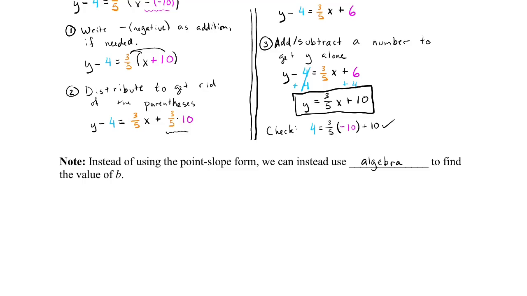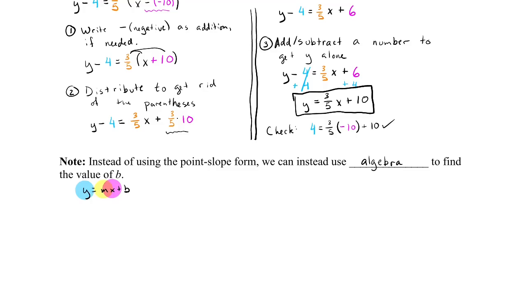So in this method, we have y equals mx plus b, and we're going to plug in our known slope for m, our known x value for x, and our known y value for y.